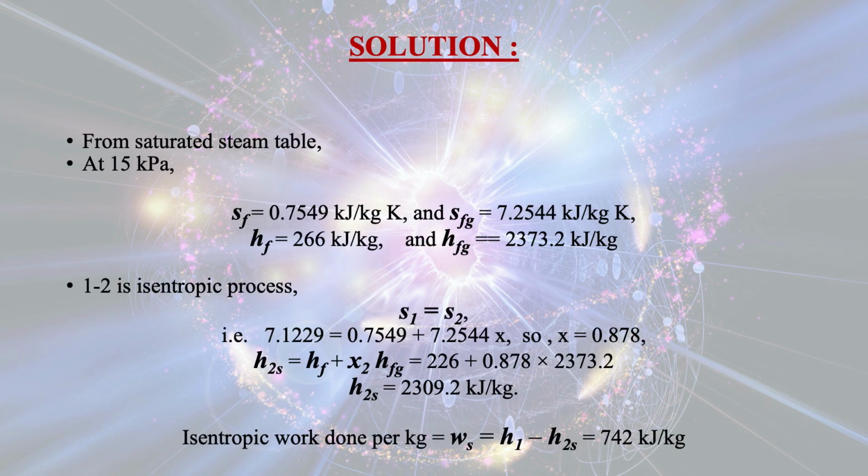At 15 kilopascal, SF is given as 0.7549 kilojoule per kgK, SFG is given as 7.2544 kilojoule per kgK, HF is given as 266 kilojoule per kg, and HFG is given as 2373.2 kilojoule per kg, and process 1 to 2 is isentropic process, so S1 is equal to S2S.